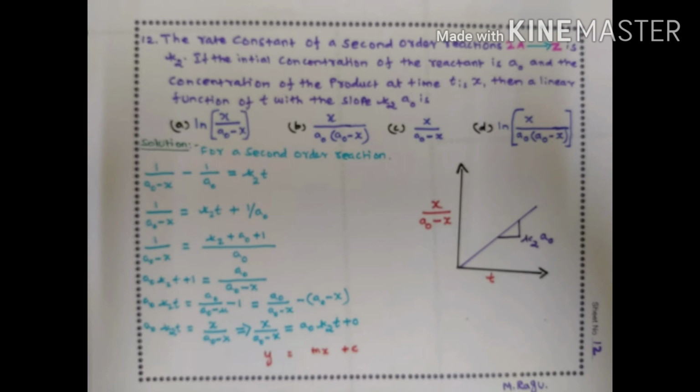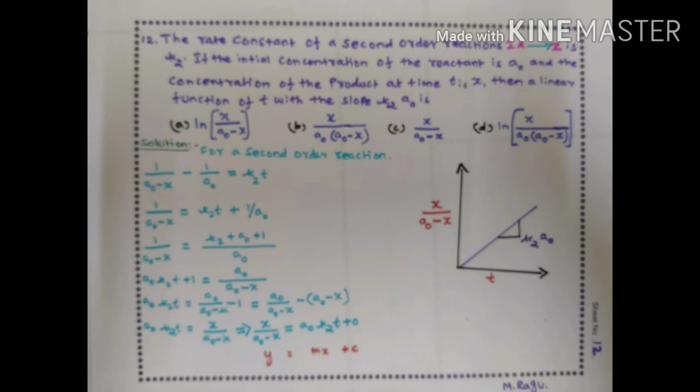Multiplying by A0: A0K2t plus 1 is equal to A0 divided by (A0 minus x). A0K2t is equal to A0 divided by (A0 minus x) minus 1, which is x divided by (A0 minus x). So y is equal to mx plus c.